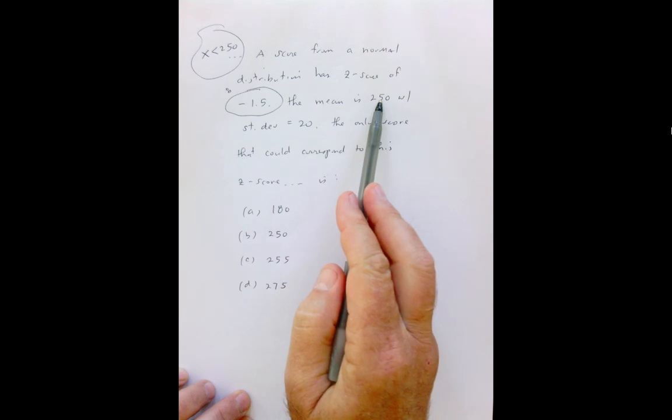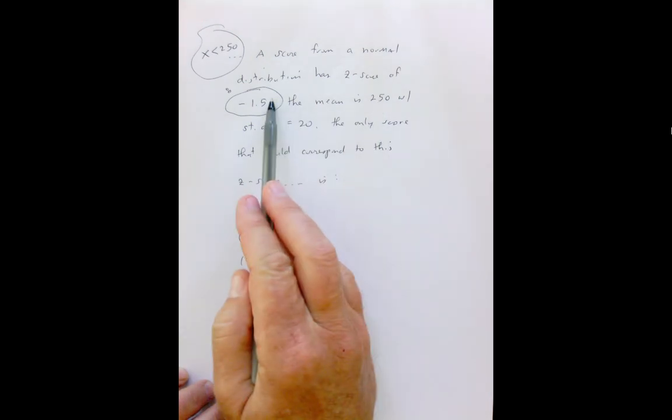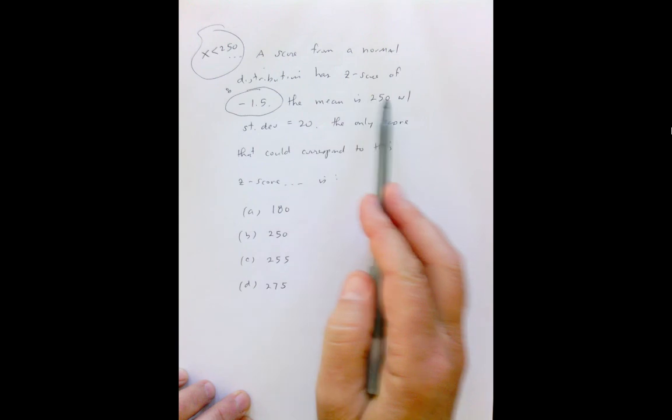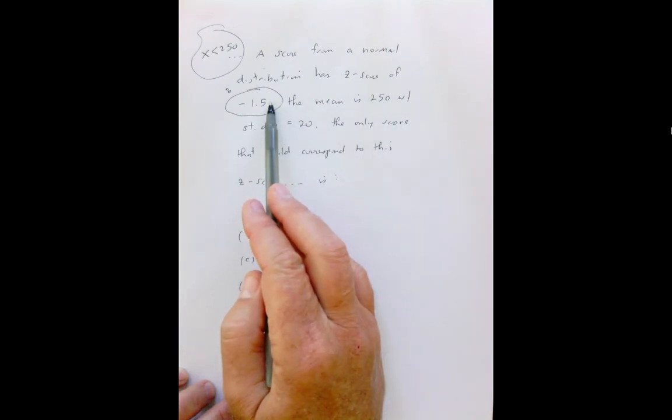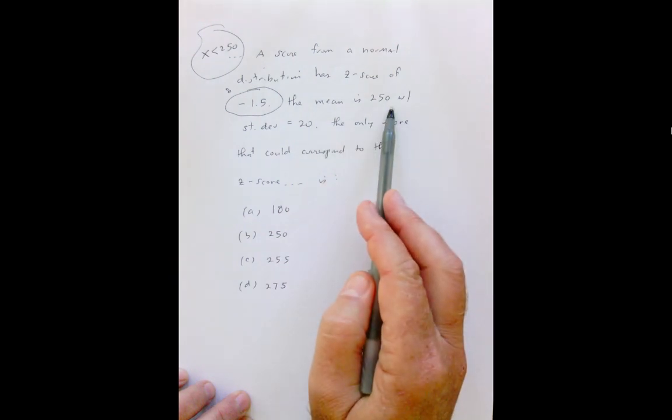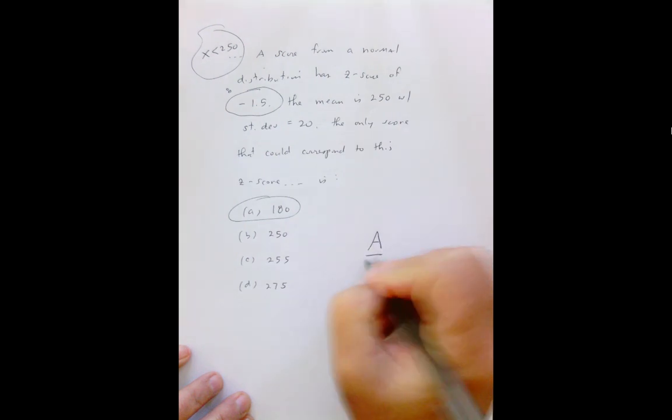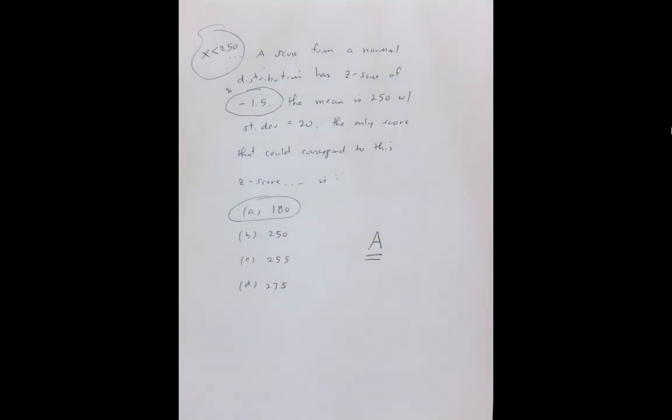It's given right here. If you have a positive z-score, then that score has to be above the mean, which is 250. If you have a z-score that's 0, then that would be equal to the mean of 250. So to me, that was a really easy question, and the answer here should have been A because of all the choices, the only score that was below the mean of 250 was 180. But I was really shocked that that was a commonly missed problem.